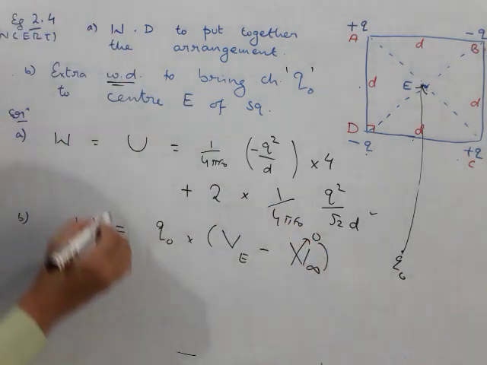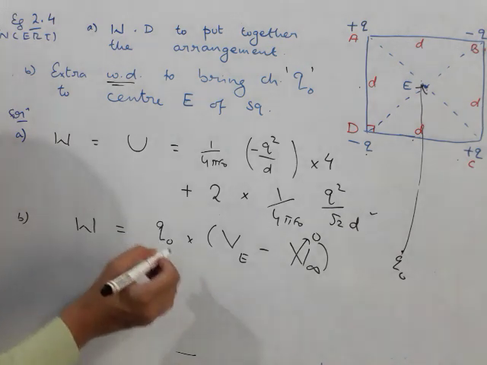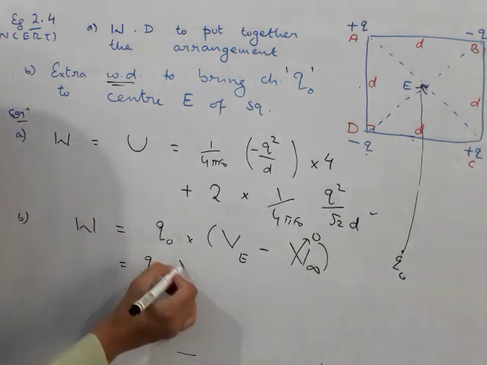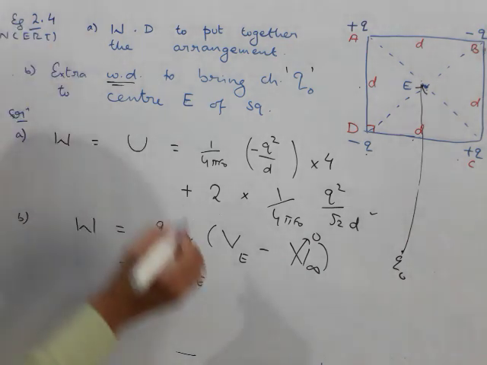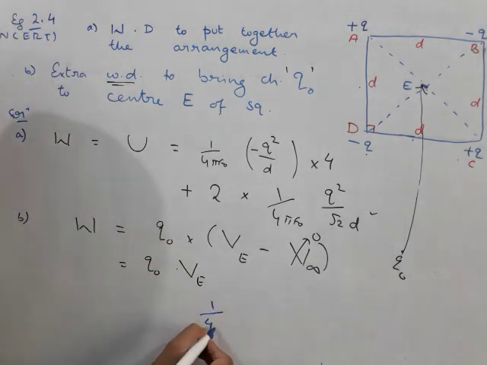So this gives you the formula, that is Q naught times VE. Now what is VE? VE is the potential at E. What is the formula for potential due to a point charge? Potential due to a point charge is given by the formula 1 by 4 pi epsilon naught times that charge by the distance of the point from that charge.